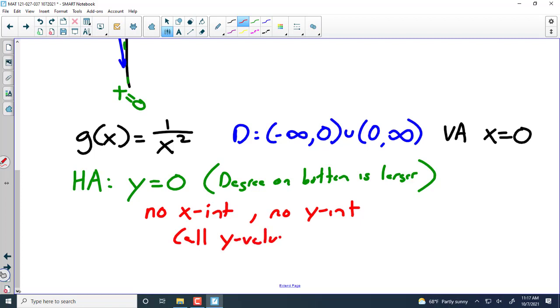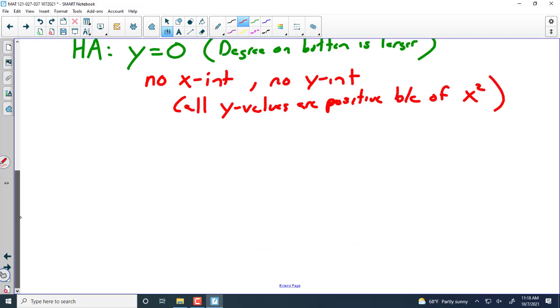All y values are positive because of the x squared. So this one, no matter what number you plug in there, you're going to square it. So that means both plugging in positive numbers and negative numbers give you positive results. Which is why this graph looks like this.